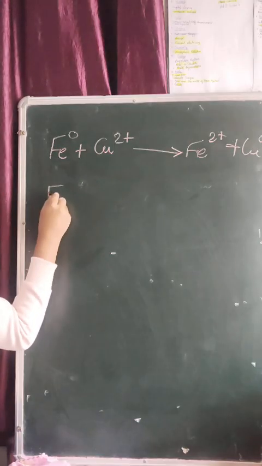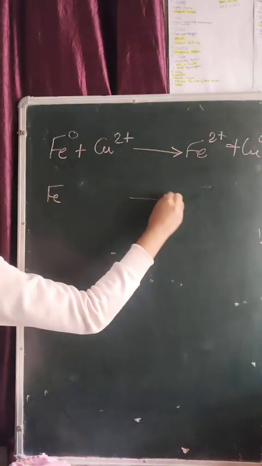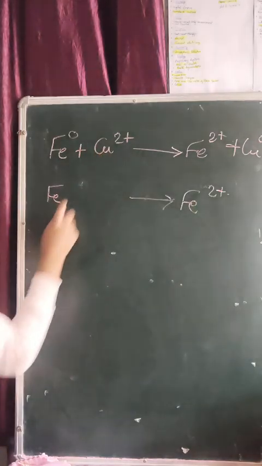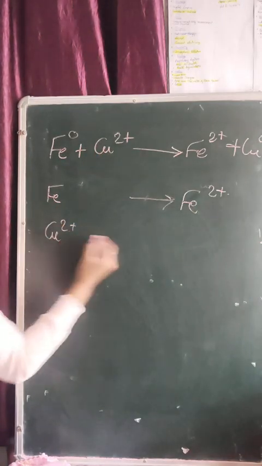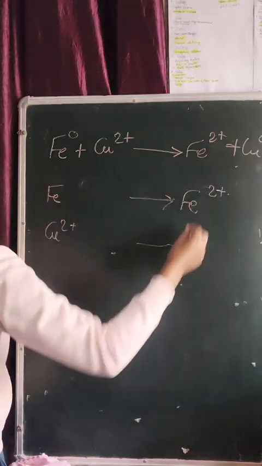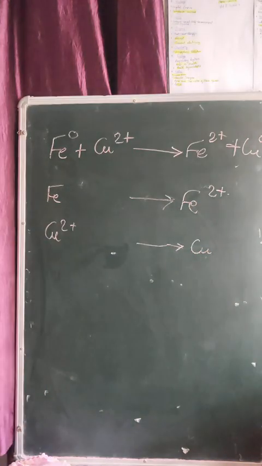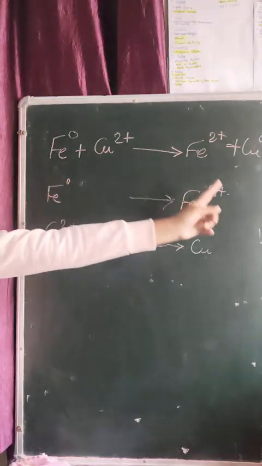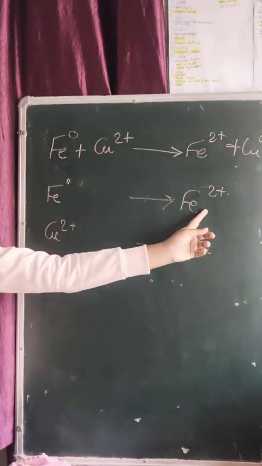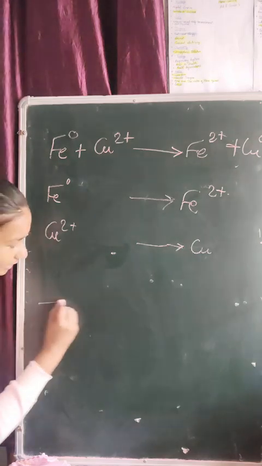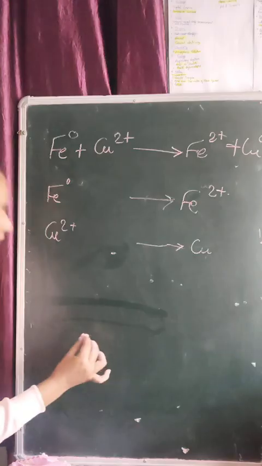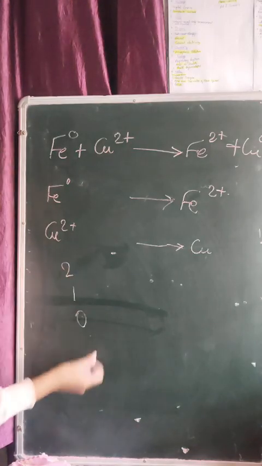If we take Fe, put it in the same place and give Fe2+. Again, we will take Cu2+, leave some space, give an arrow, and write Cu. Here nothing means 0, and we can see it is gaining 2+. So 0, 1, 2.